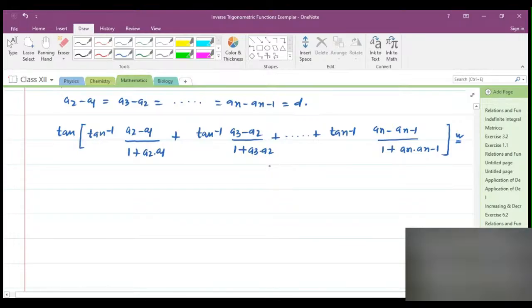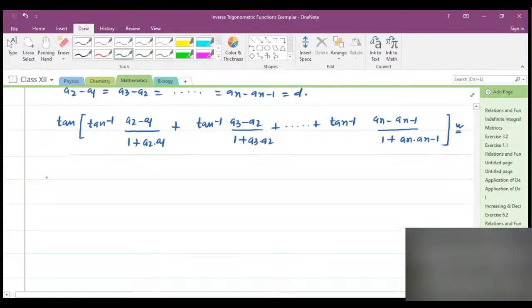So here will be equal to tan inverse A2 minus tan inverse A1 for this one.